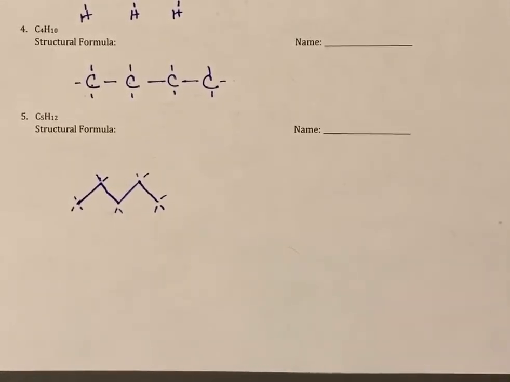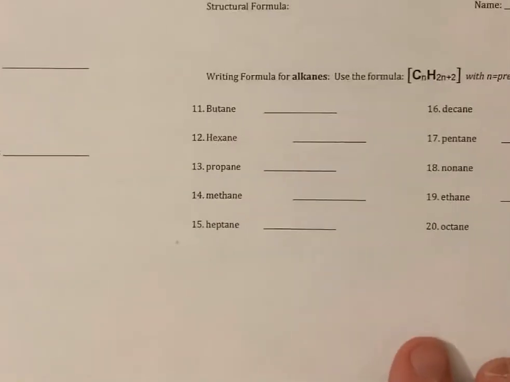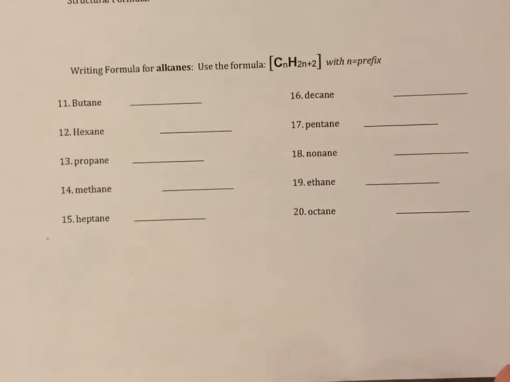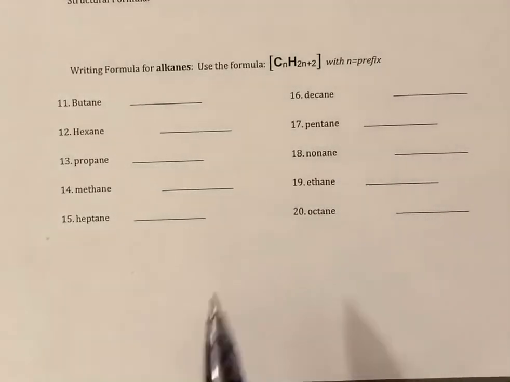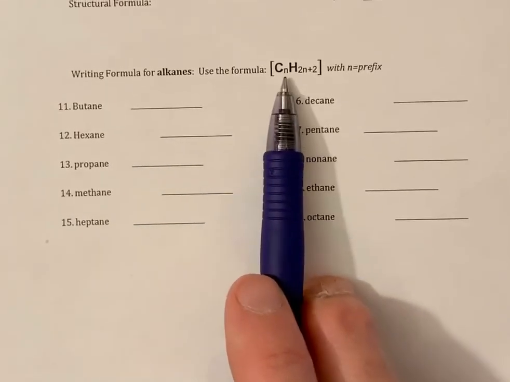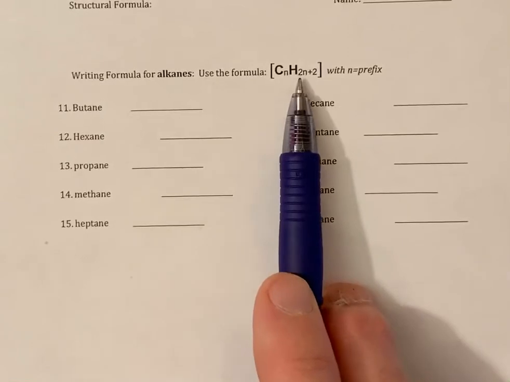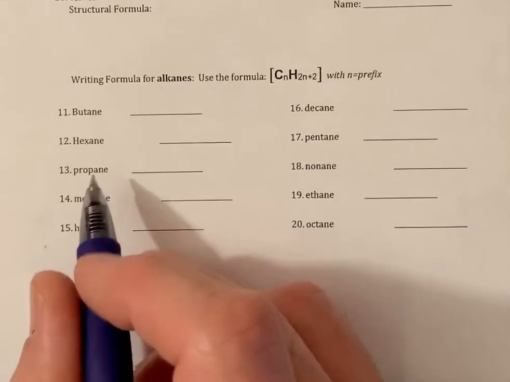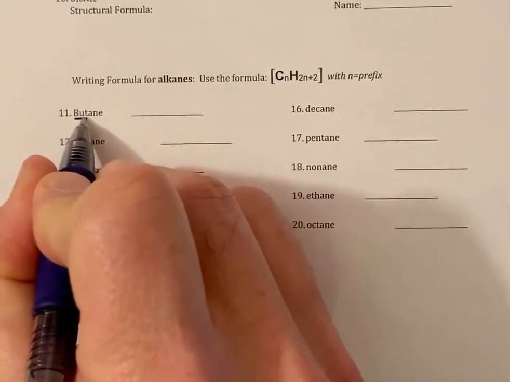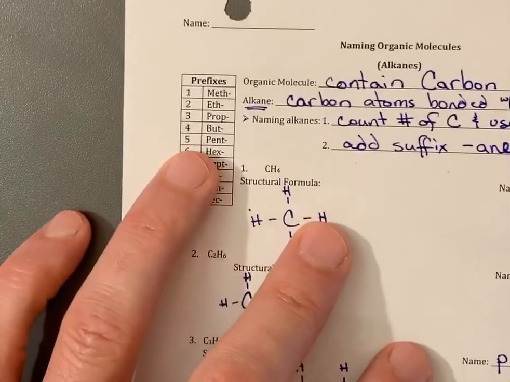All right, now, the formula for alkanes, and I'll let you name the rest of those. The formula is always: carbon has a certain number, and the H is always 2 times that number plus 2 more. For example, for but-, we look over and find the prefix for but-. But- is a 4.